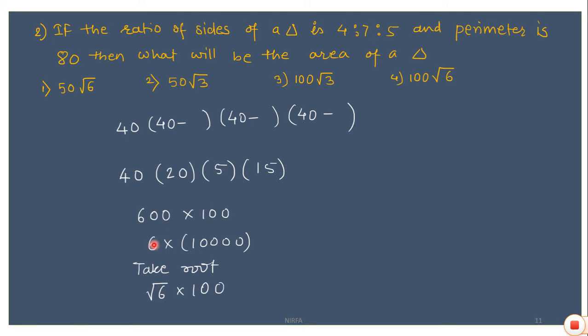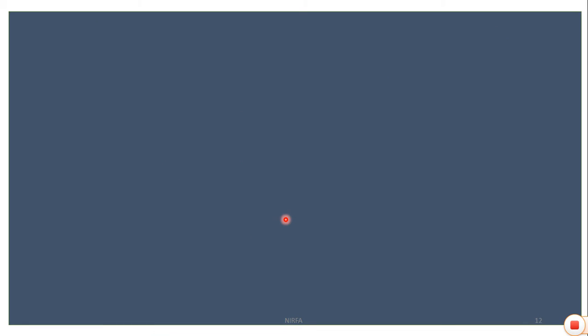You will get root 6, and 10,000 has 4 zeros, so its square root has 2 zeros, so it is 100. So the area of the triangle can be calculated very fast, and it is again 100 root 6 square units.